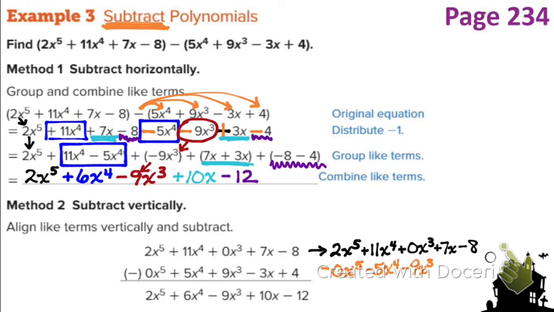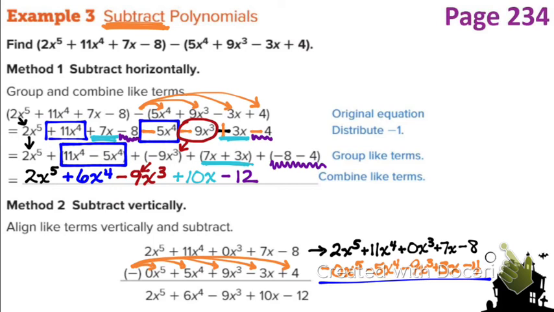How many just x's did we have? I had 7 here. How many in the other polynomial? Negative 3, but we have to distribute a negative to that. So this turns into what? Turns into plus 3x. And then we have to distribute all the way back here, so I have a negative 4. Now when I go to combine these together, I don't make as many mistakes.